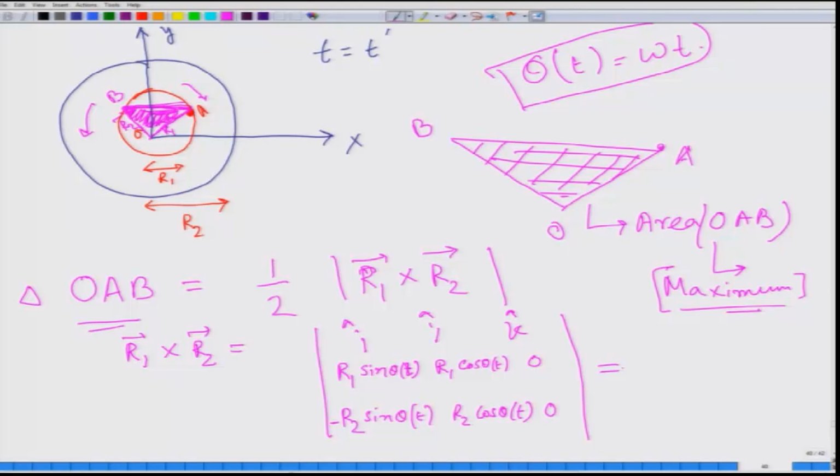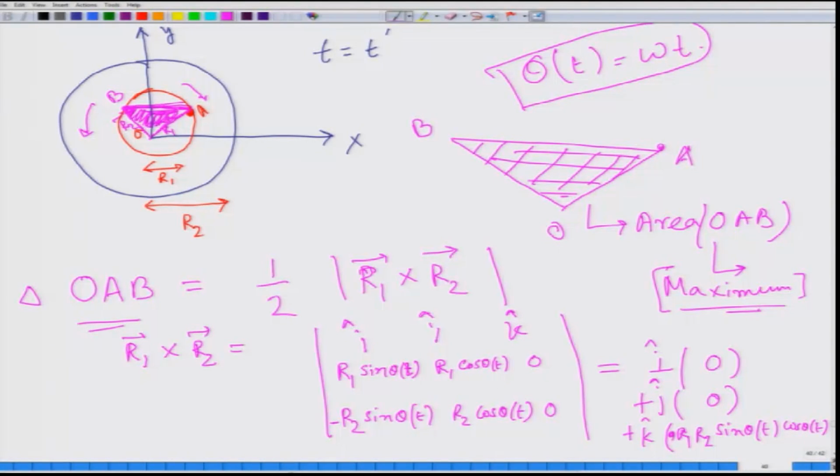Now I can write it as i times 0, j times 0 and k times r1 r2 sin theta(t) cos theta(t), and I will get another from here.